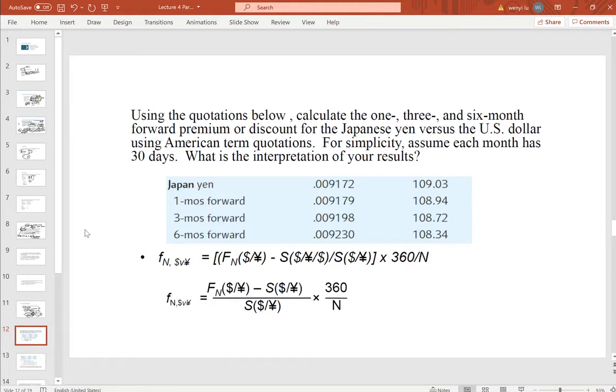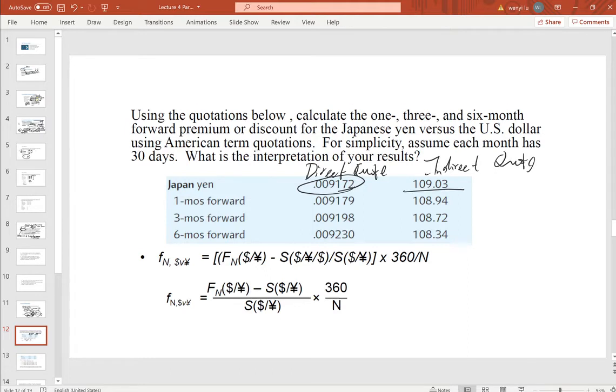So these tables give you a forward rate for yen between the dollars, and this one is in American terms, so it's a direct quote. So that means for a yen equal to how much dollar? This is indirect quote.